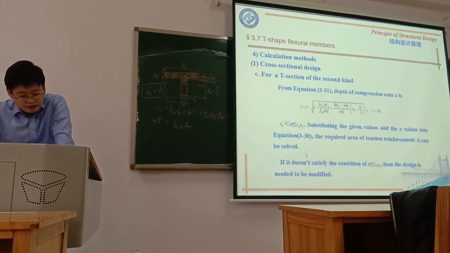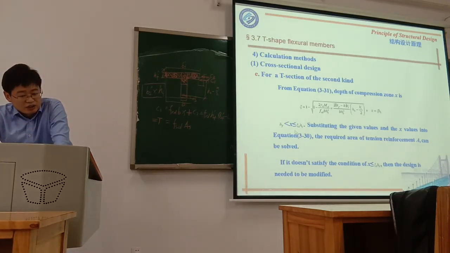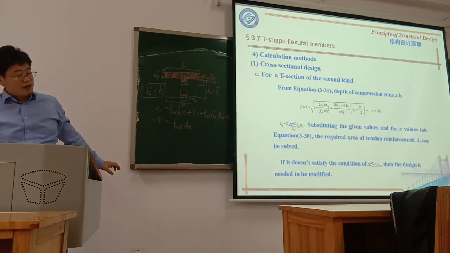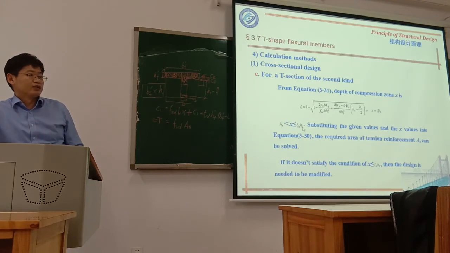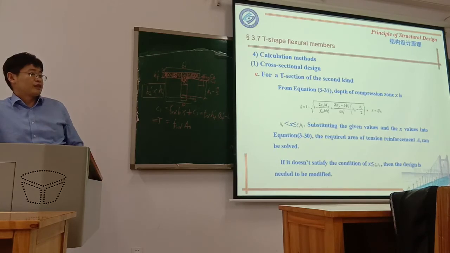If x is larger than xi_b h0, then the design needs to be modified. That means it's over-reinforced. So the basic equation can only be used when x satisfies this requirement. If x is larger than xi_b h0, the basic equation is not satisfied.